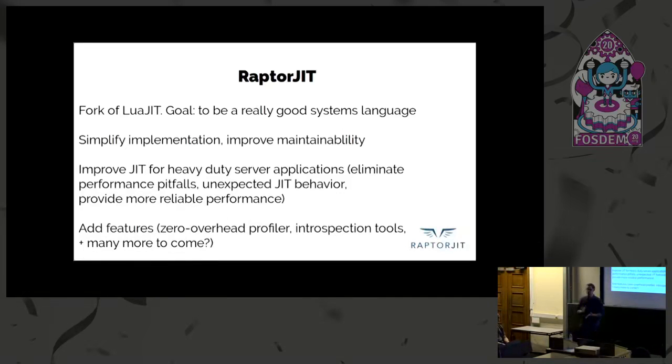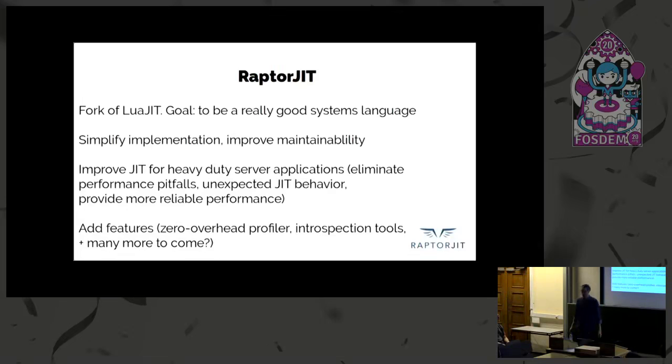Especially, we want to eliminate performance pitfalls, meaning small changes that have big impact on performance, as well as unexpected JIT behavior. So we want to make it easier to understand the JIT compiler and to use it. And the bottom line is we want to provide more reliable performance.